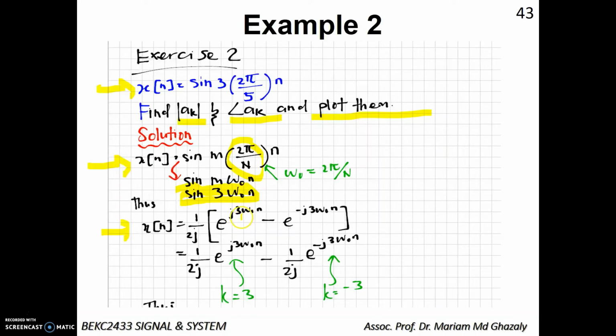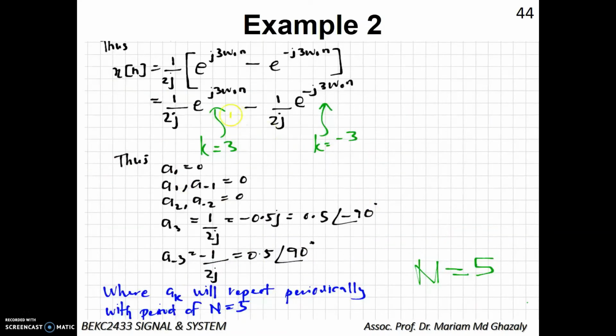So what you see is that you have the value for k at 3 and k at minus 3. This will be the coefficient for k at 3, and for k at minus 3 it is minus 1 over 2j.